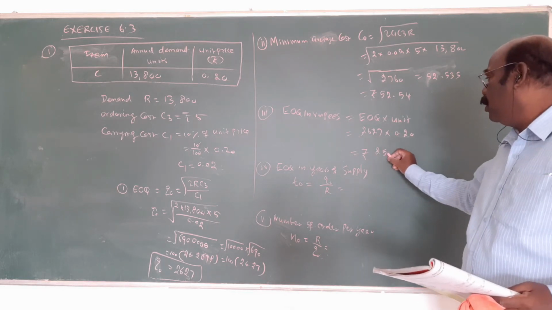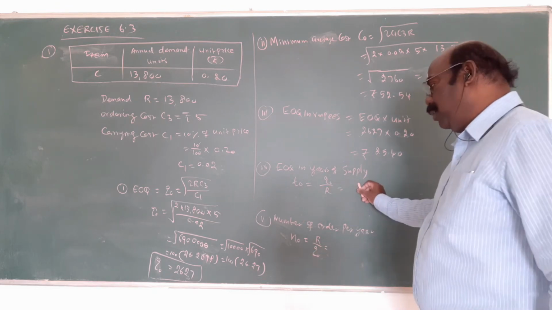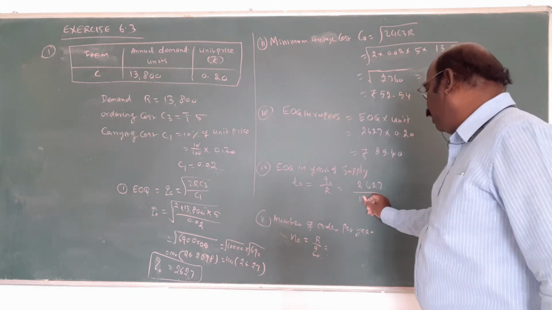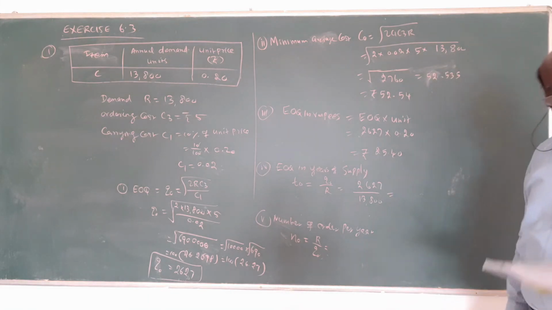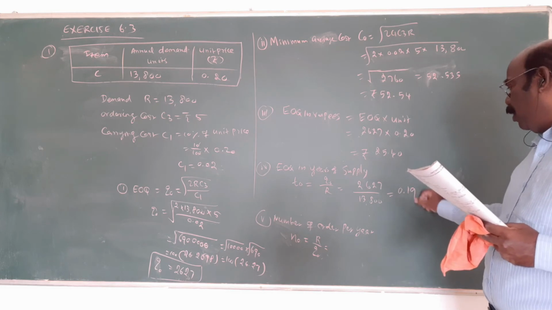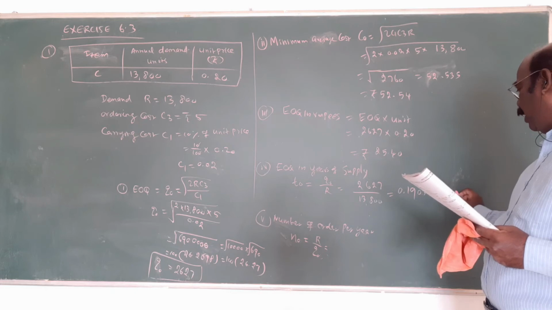Then Q naught is already found out. What is Q naught? 2627 by R, which is 38,800. Now divide with the help of the calculator, we get the answer 0.19036. This can be 0.19.